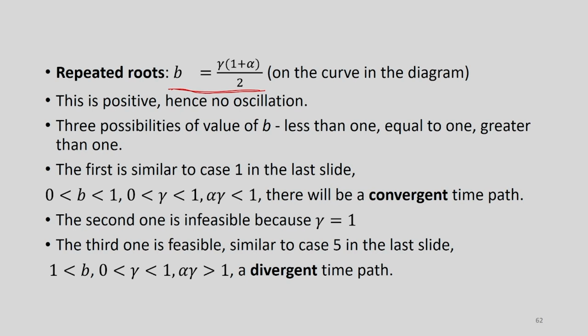Now, there are three possible values of the root: less than 1, where there will be convergence in this case, equal to 1, and greater than 1. The first case of less than 1 is similar to case 1 in the last slide, right. b is lying between 0 and 1. In this case, obviously, gamma will be between 0 and 1, right.